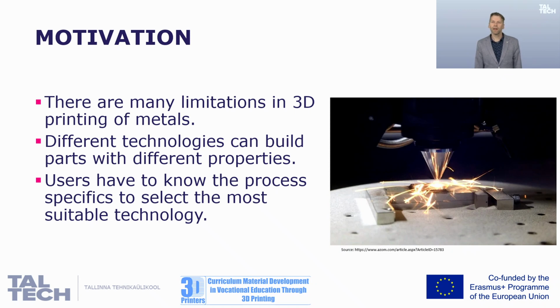Different technologies can build parts with different properties. However, users have to know the specifics of these processes to select the most suitable technology. But this can be complicated in the case of new technologies. That's why we want to address the issues here during this lecture.